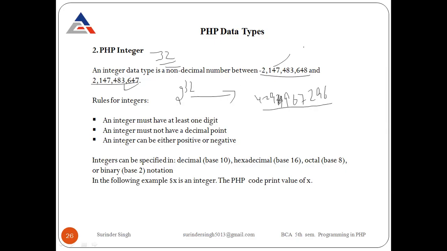Why are we multiplying it 32 times? Because an integer is 4 bytes, and 1 byte is 8 bits, and the total number of bits is 32. Clear?